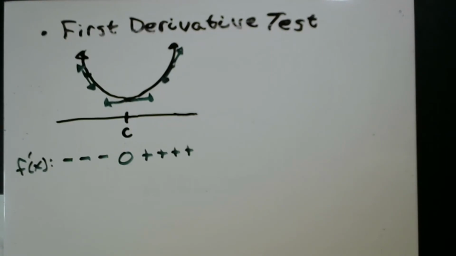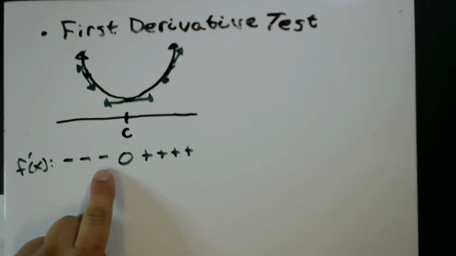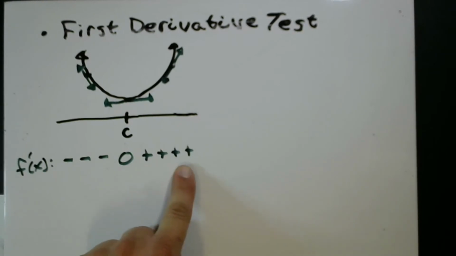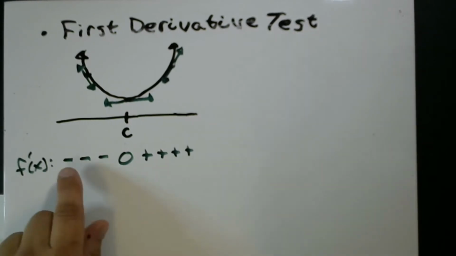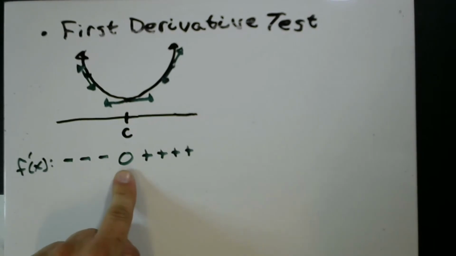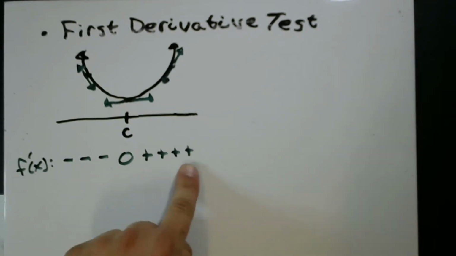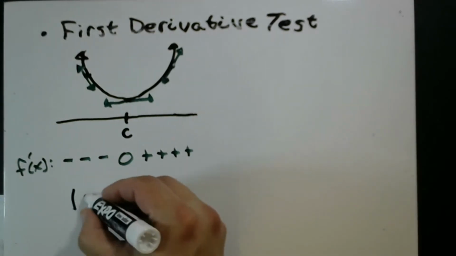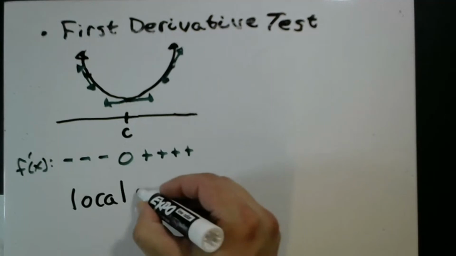So using the first derivative test, when we see that we have negative slopes, then a 0 slope, and then positive slopes, or put another way, negative first derivative, 0 first derivative, positive first derivative, this means we have a local minimum.